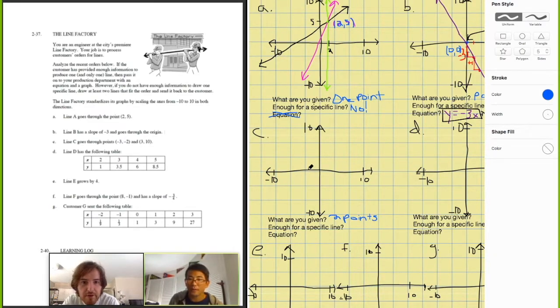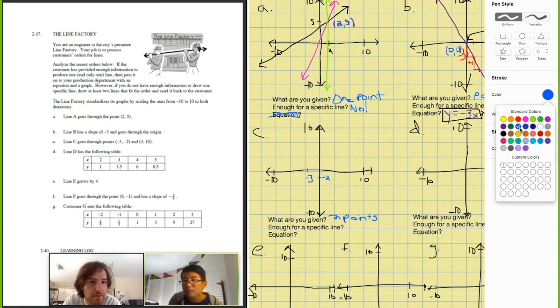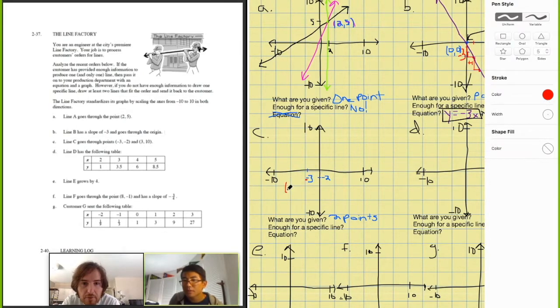So if I have a point here, let's say this is -3. If that's 10, this is probably around where -3 is, and then -2 is going to be right around here. So it looks like I have one of my points. Let's do our graph in red and see if that works out. Here is -3 and -2.